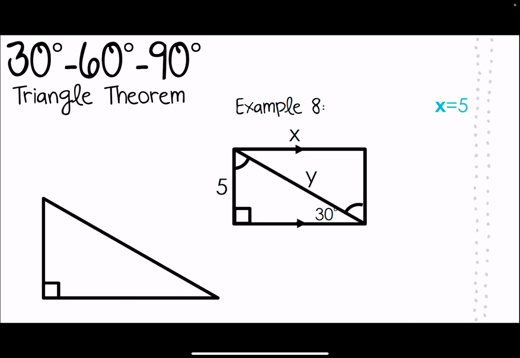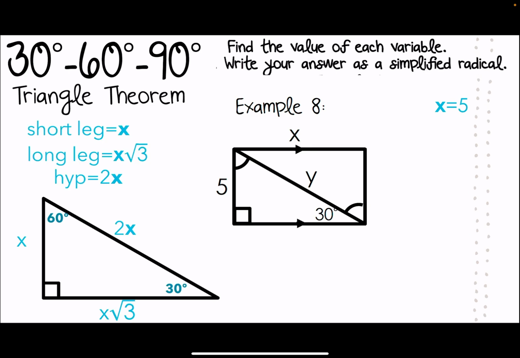All right, here's our last example. So I'm going to mark up my triangle first. You'll notice that I've got 2 sets of triangles, and I know that both of them are going to be congruent because of these opposite lines.